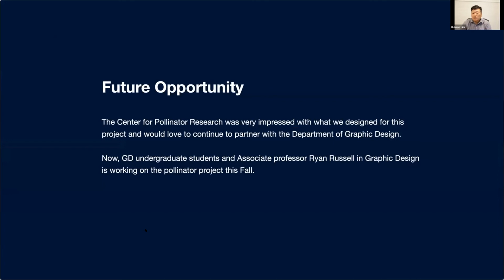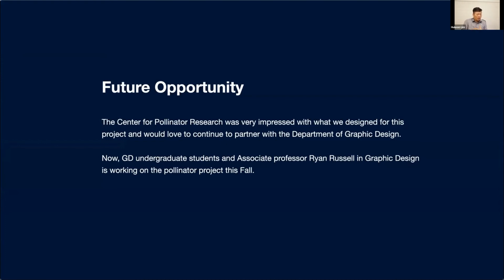Okay. So from these three projects we did, the Center for Pollinator Research was very impressed with what we designed for this project, and would love to continue to partner with the Department of Graphic Design. So now the graphic design undergraduate students and Associate Professor Ryan Russell in graphic design are working on the pollinator project this fall.